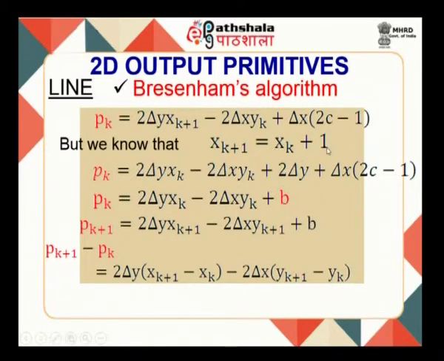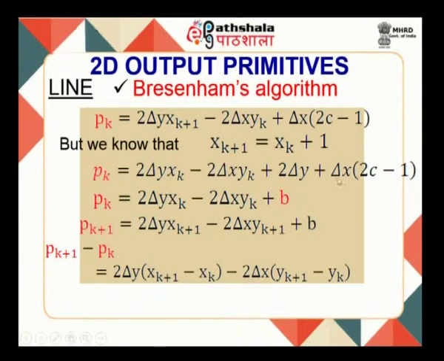But y is to be decided, whether it is y k plus 1 or y k, depending on the sign of p k. So, substitute for x k plus 1, the next x value. This equation reduces to 2 delta y x k minus 2 delta x y k plus 2 delta y plus delta x into 2 c minus 1.